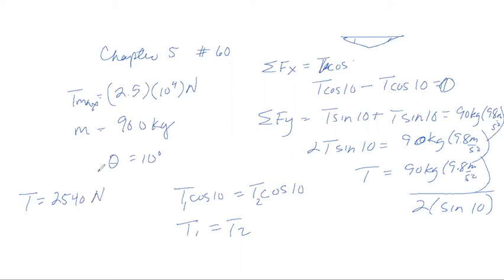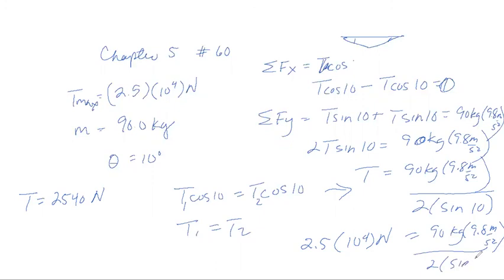Now we solve for the minimum angle. We're going to go back to this equation. We already know that the breaking point is 2.5 times 10 to the 4th newtons, which equals 90 kg times 9.8 meters per second squared over 2 sine theta. Let me get some board space.